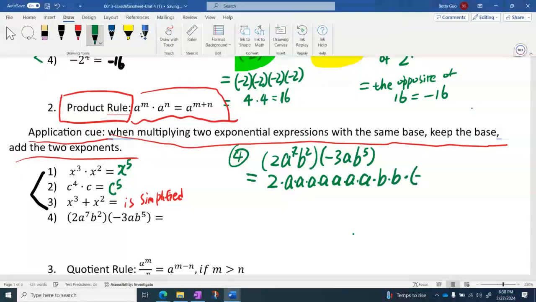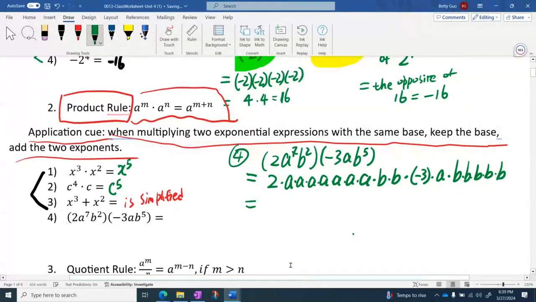And then I have another constant factor, -3. And then I have another a, and then I have a b to the 5th, which gives me 5 b's: 1, 2, 3, 4, 5. All right? Yeah, so you need to see this expression actually is one big multiplication in which we have this many factors.